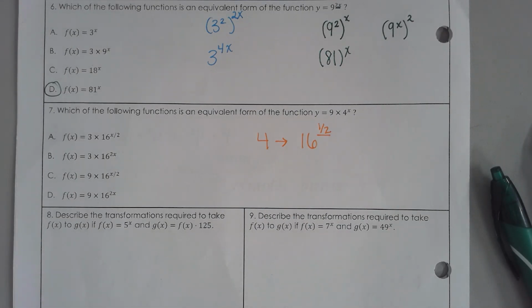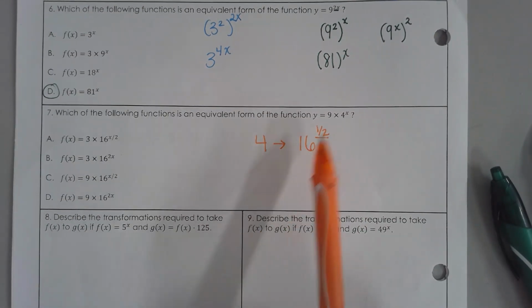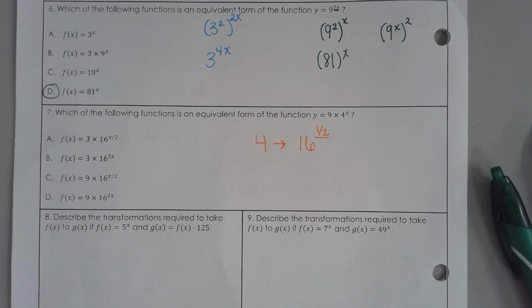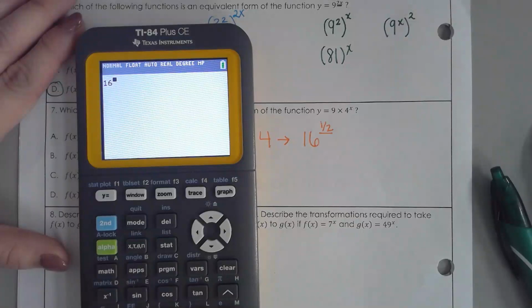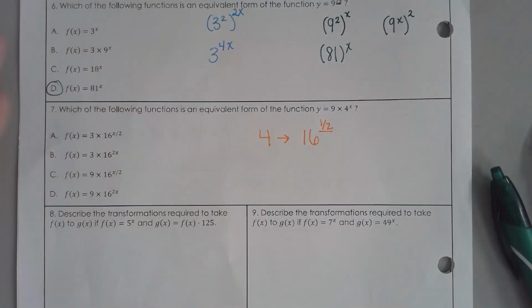So you have to recognize these things. There's no formula. You have to just think, what do I know about 4? What do I know about 16? So 4 and 16 to the 1/2, those are the same thing. If I put in 16 to the 0.5 power, it's 4. That was the little fraction exponent rule we talked about.